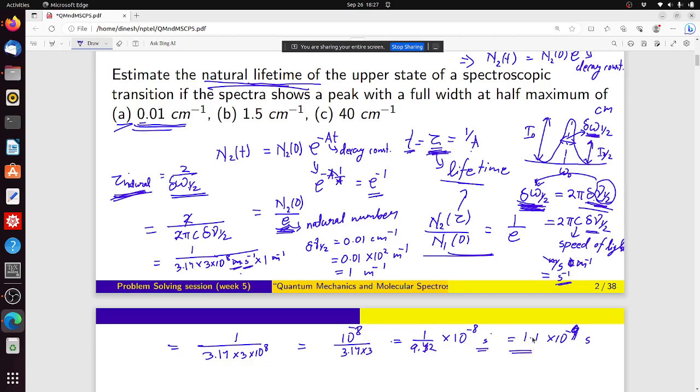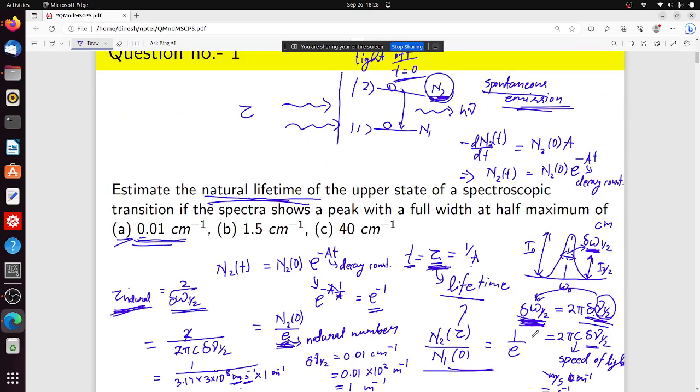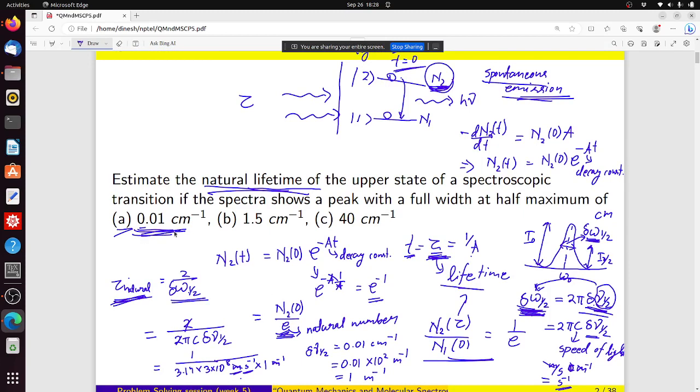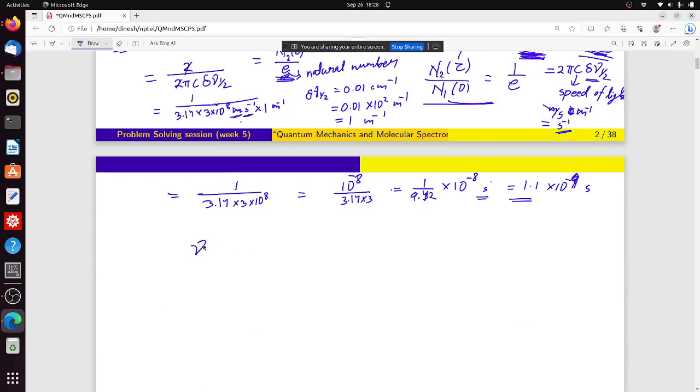Okay, so did you understand this question? We are given this line width in terms of centimeter inverse, and from that we have to calculate this natural frequency. Okay, so this delta nu half is given, you need to calculate this tau lifetime, and we have a formula for that.